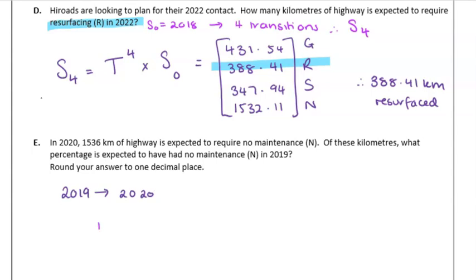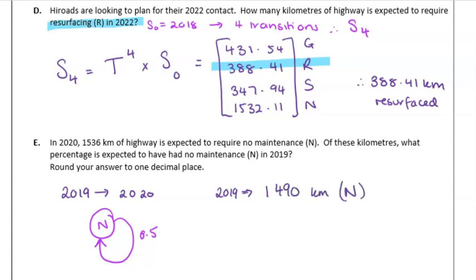If we go back to our transition diagram, we can see that no maintenance looping around to no maintenance is 0.5. What we also have been given on the previous page is that in 2019, 1,490 kilometres had no maintenance.